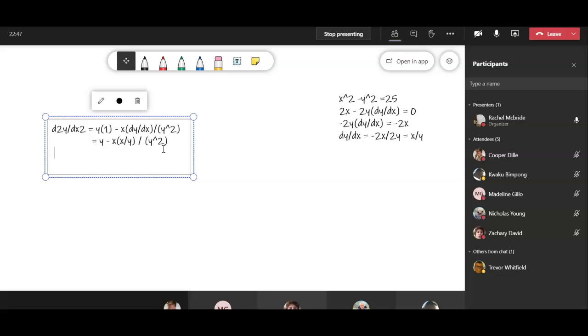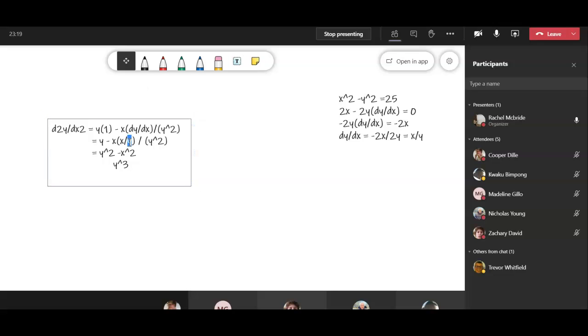And then as you simplify and clean this up, we get y, but it needs that denominator of y so that they can be like terms. So it ends up becoming y squared minus x squared all over y cubed. Because again, initially you have your y squared.